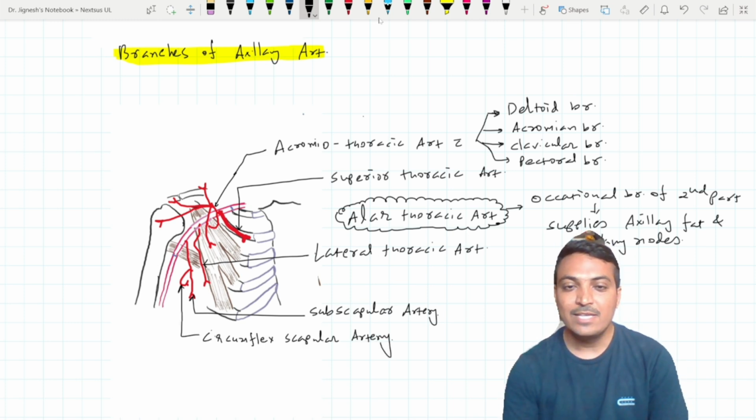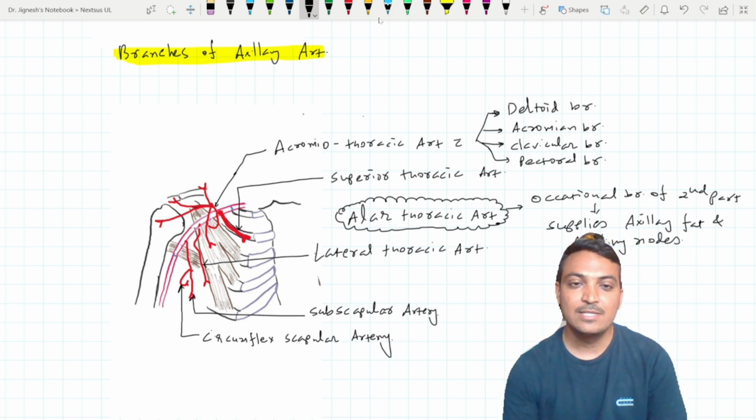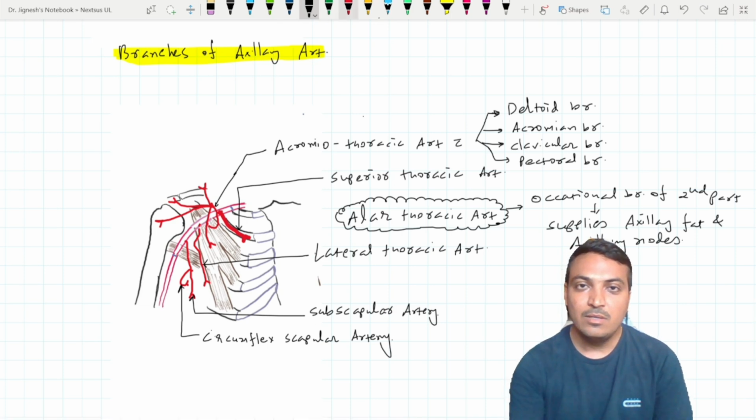This circumflex scapular artery passes through the triangular space situated around the scapula, formed by the teres minor, teres major, and the long head of the triceps muscle, which we have already discussed in our previous video. The second and third branches from the third part are the circumflex humeral branches.